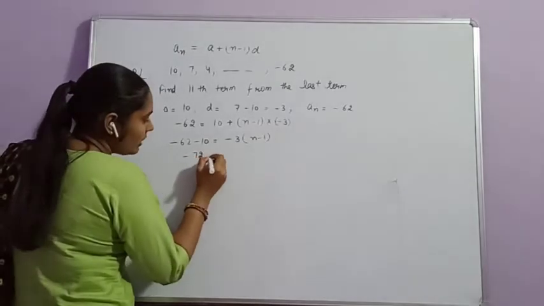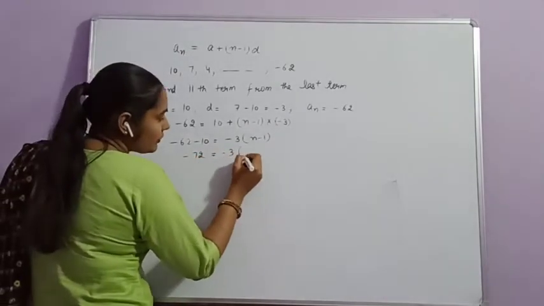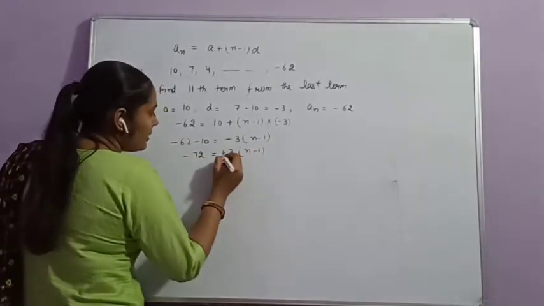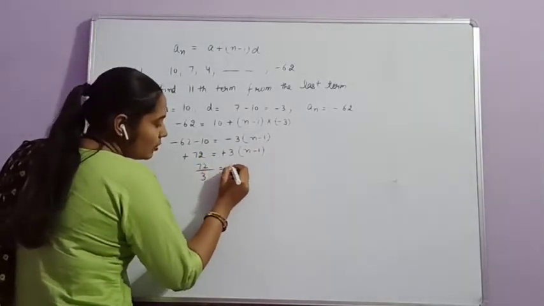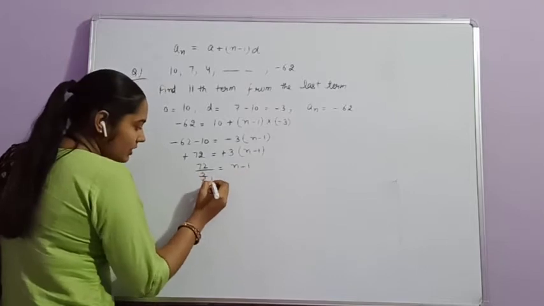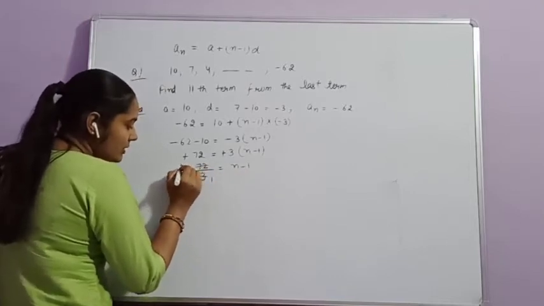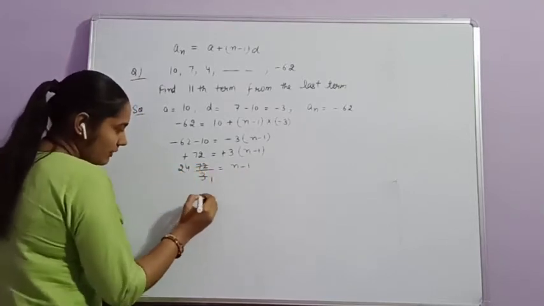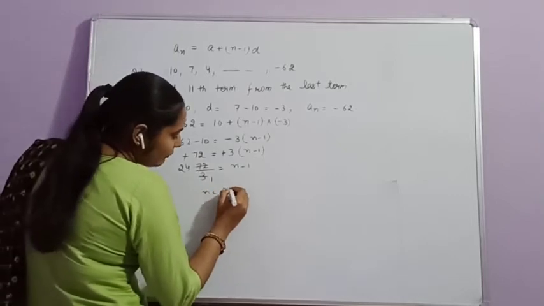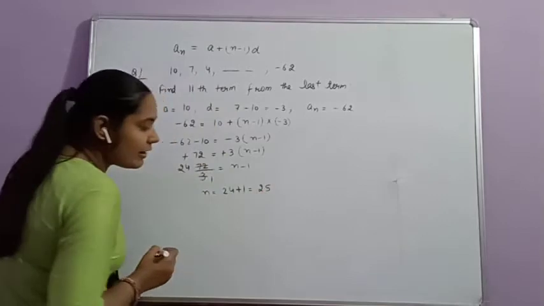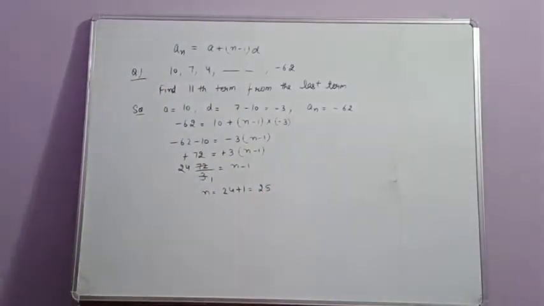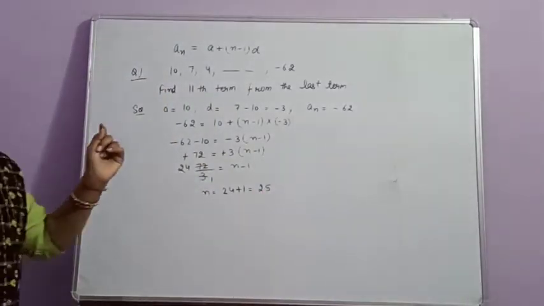Minus 72 is equal to minus 3 into n minus 1. The minus will cancel out. 72 divided by 3 is equal to n minus 1. 3 ones are 3, 3 twos are 6, 3 fours are 12, so 24. n is equal to 24 plus 1, that is 25. Clear?